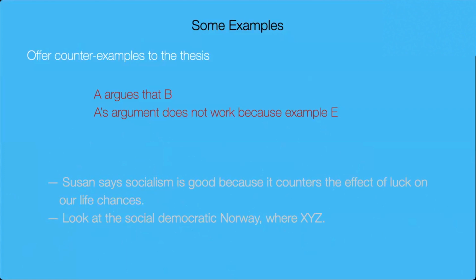But then I could say, look at the social democratic country of Norway, where X, Y, and Z happens. These do not support, this actual example does not support Susan's argument. And for this actual example, I can show that it undermines Susan's argument for socialism.